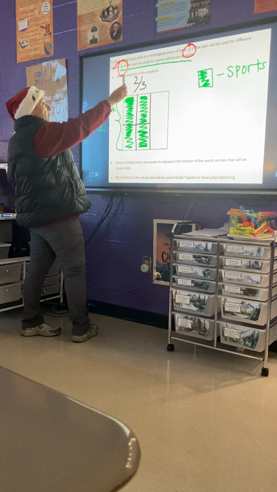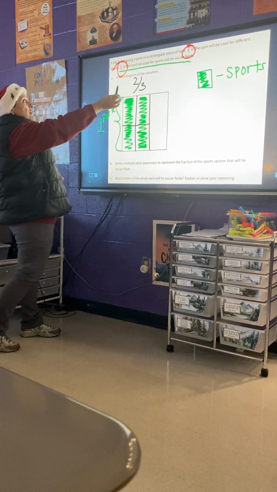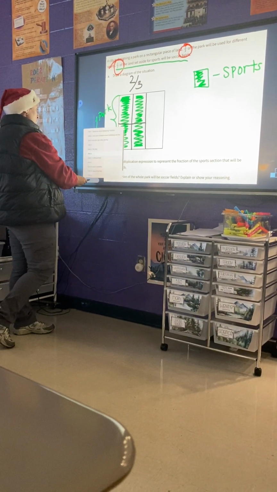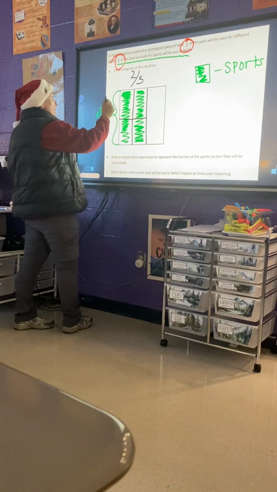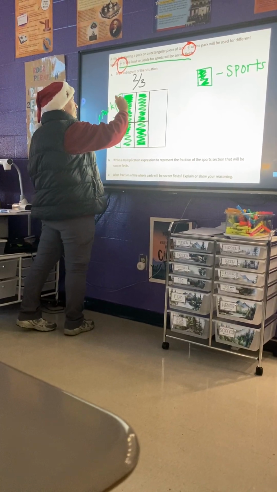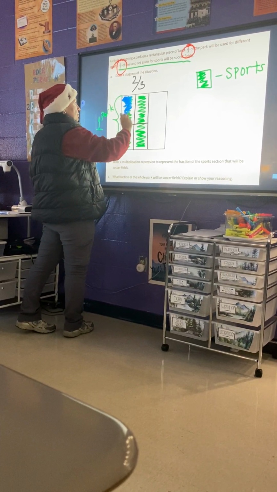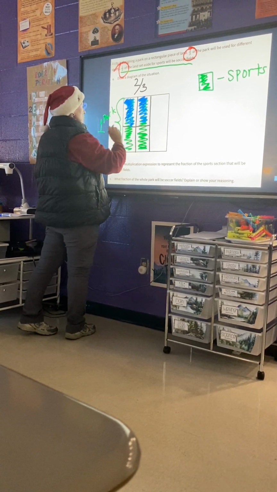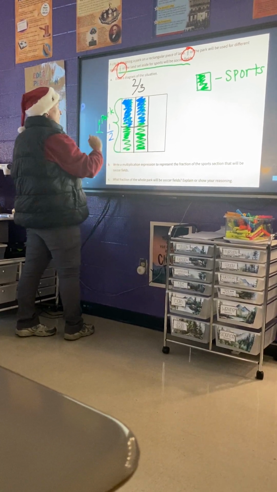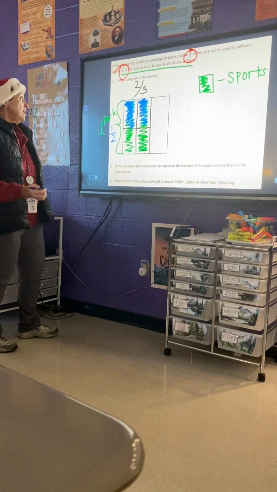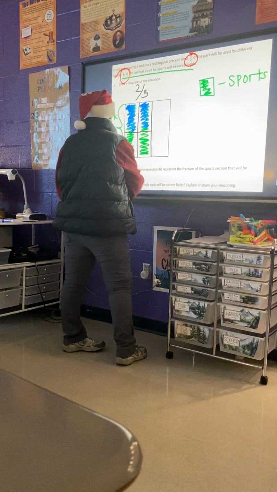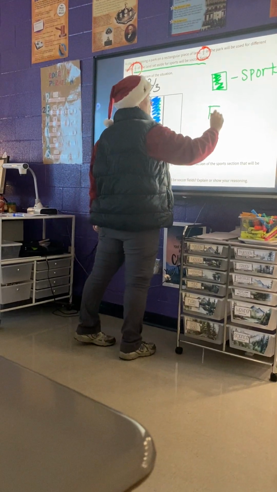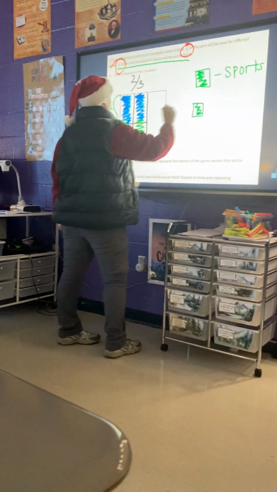Now we have 1/2 of the land set aside for sports, which is going to be a soccer field. All right? So half of that. Are we gonna color a different color? Yes, half of that is set aside. Doesn't that also equal 1/6?